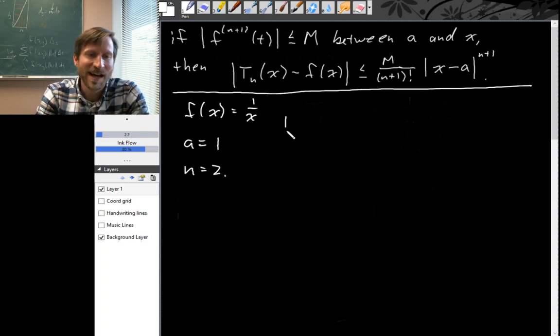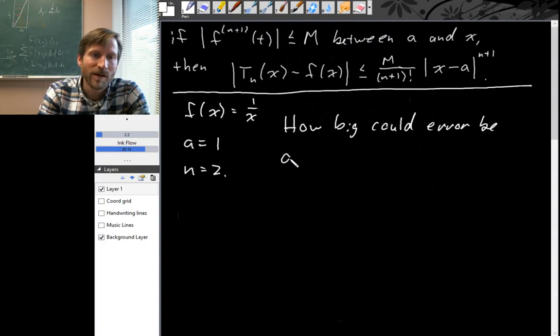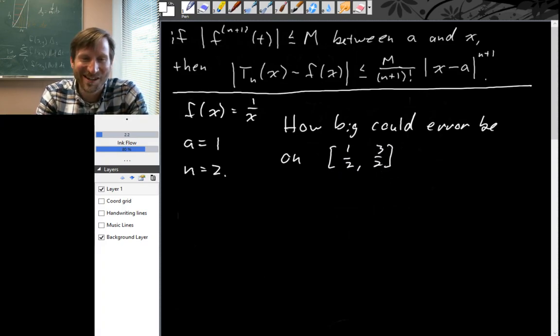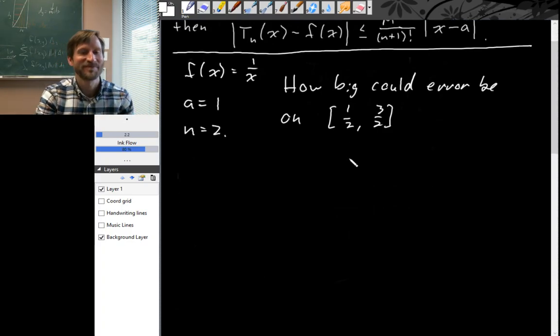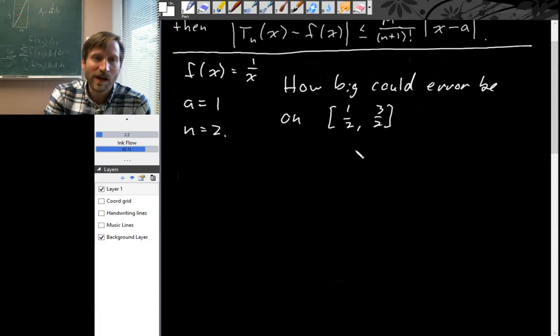And the question we're going to ask is, how big could the error get on the interval from 1/2 to 3/2? Notice the base point is in this interval. If the base point isn't in the interval, then something's wrong. Okay. Well, all of our x values are in this interval.